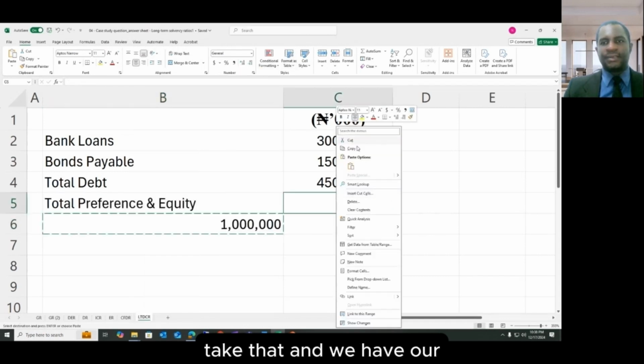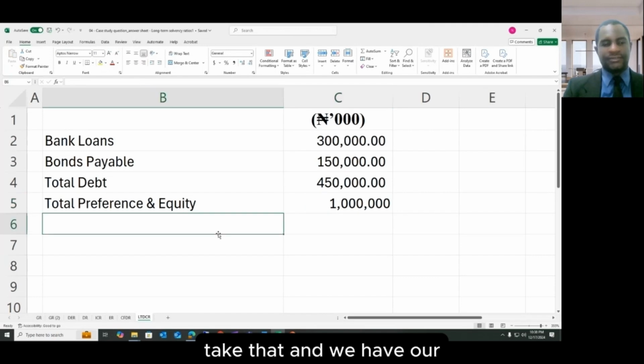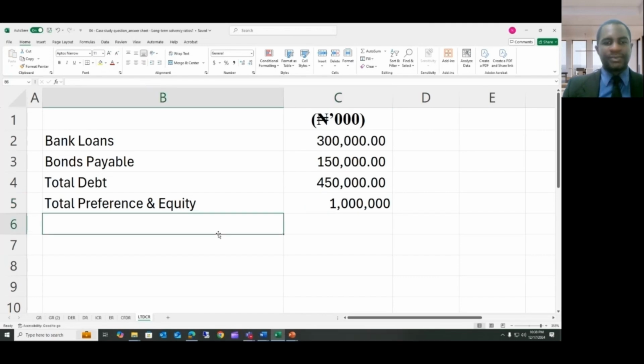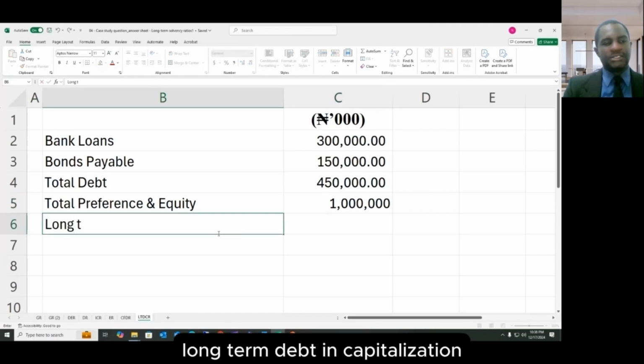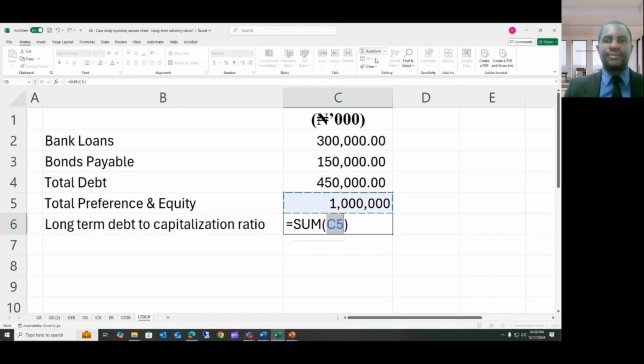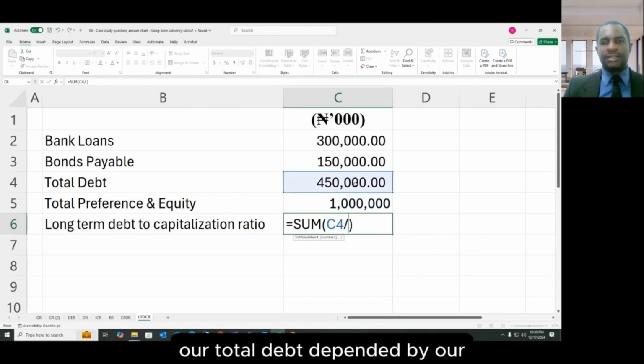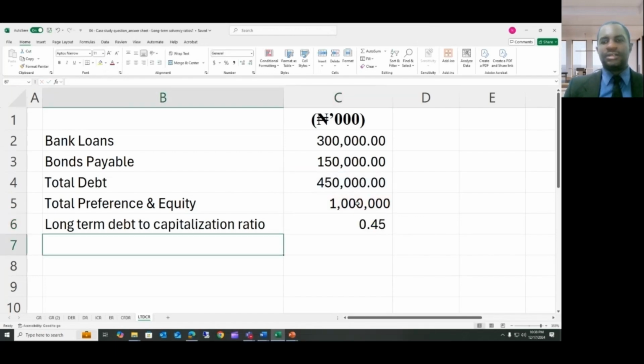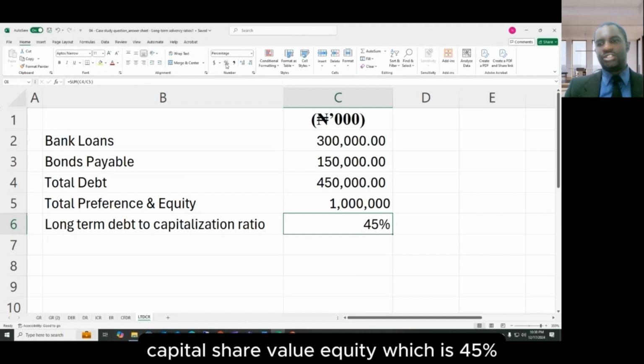Take that, and we have our long-term debt to capitalization ratio as our total debt divided by our total shareholders' equity, which is 45%.